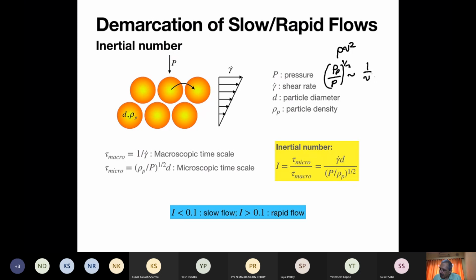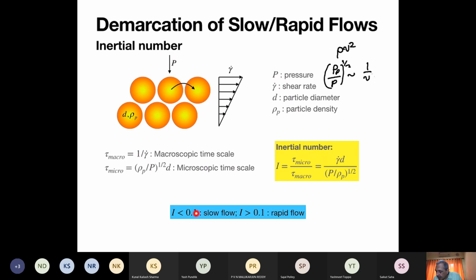But it's a very useful quantity, because if the inertial number is very small, that means that the pressure is very large, it's pushing everything together, and so you get a very dense and slow flow. All the particles will be touching each other and rubbing against each other.